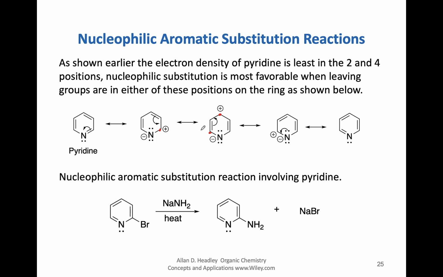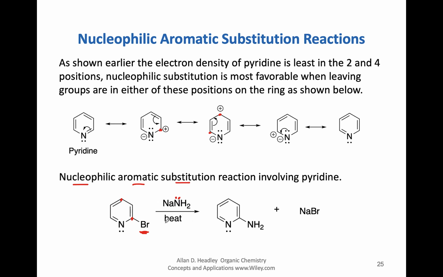So if we have a nucleophilic aromatic substitution, it would work best if the leaving group were placed in this position or this position. Why? Because it's the most positive. And a nucleophile which has a pair of electrons will prefer to react with a positive or a partial positive.